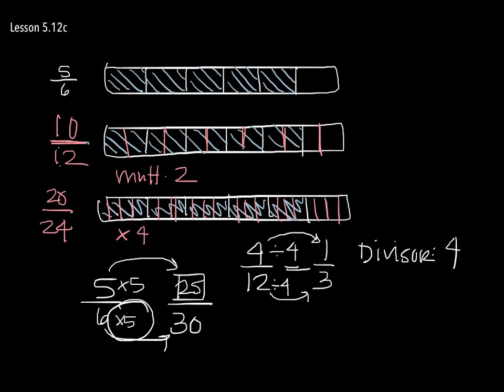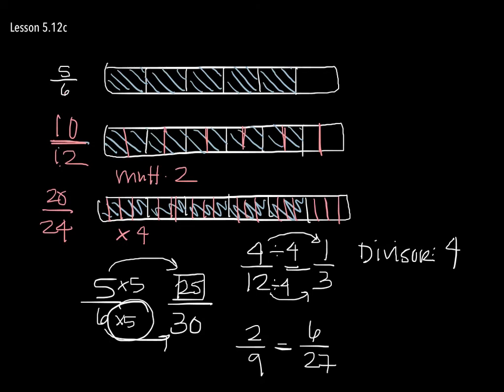Let's look at another problem. We have 2/9 is equal to 6/27. Now, do we have a divisor or do we have a multiplier? Well, did our numbers increase from here to here, or did they decrease? Well, 2 went to 6, 9 went to 27, so our numbers increase. So we have a multiplier.